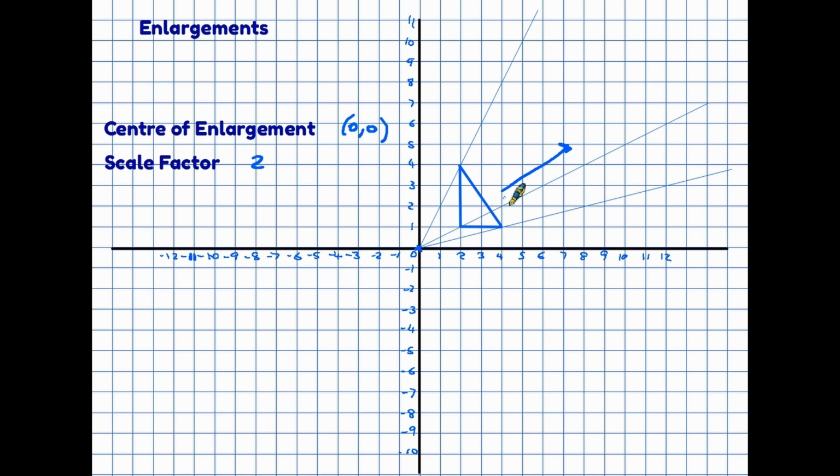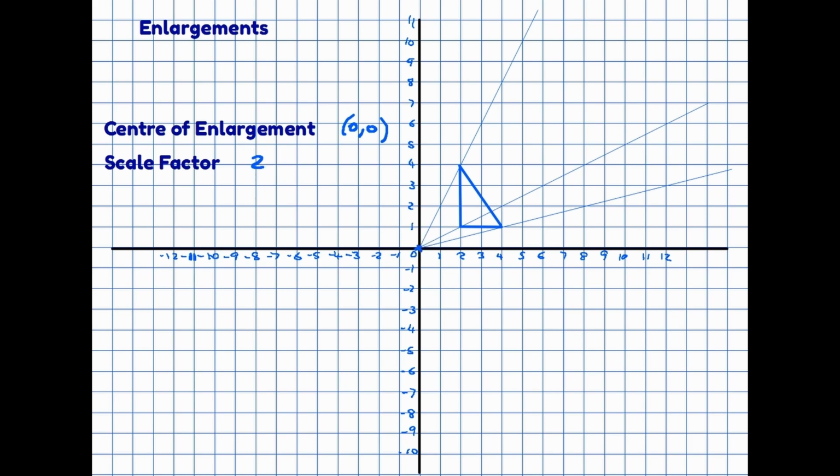We are going to draw another triangle on this side using these lines, which is going to follow the scale factor of 2. Now, not only does the scale factor tell us that the new triangle will have sides which are twice as large, it also tells us that the new triangle is twice as far away from the origin. So we need to take into consideration each of the corners, where they are in relation to the origin, and double the numbers.